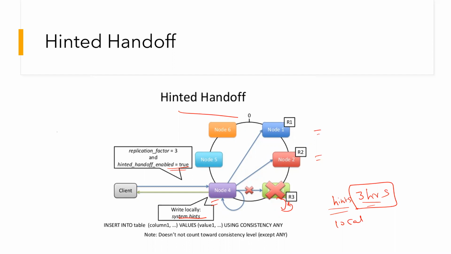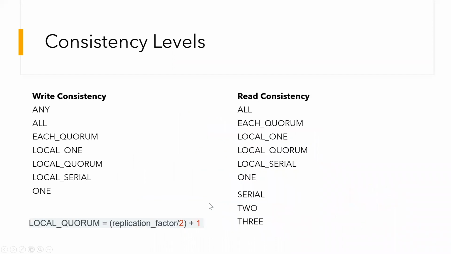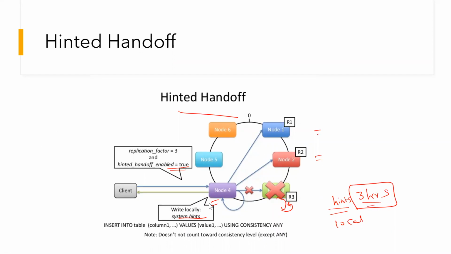When node 4 comes back again, it will hand off the data. So you still have that data in other nodes. Whenever node 4 comes back, only then it can hand off the data. You're talking about a situation where node 4 also goes down. So this is just an optional thing.